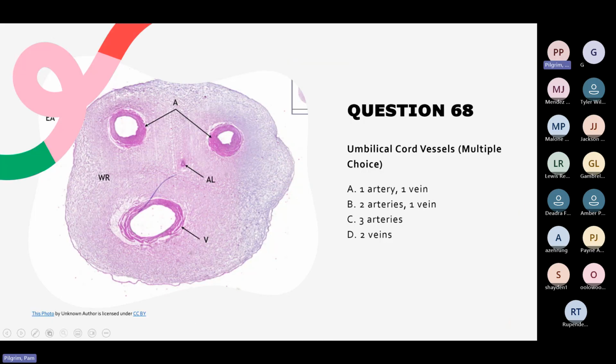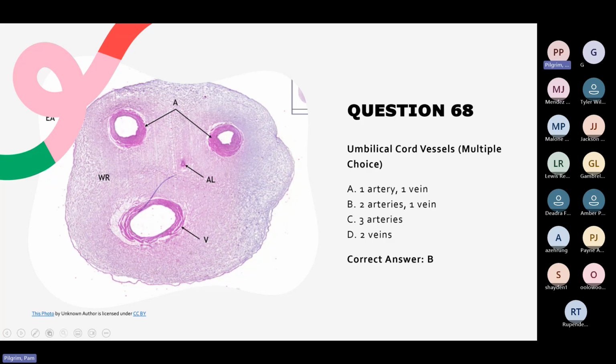Question 68, the umbilical cord vessels. How many arteries and veins are in the umbilical cord? So an umbilical cord has two arteries and one vein.